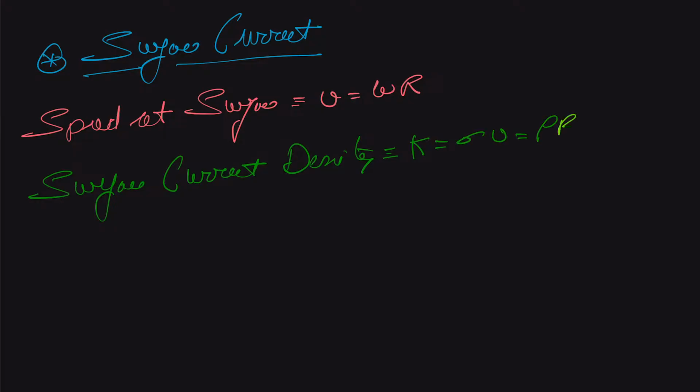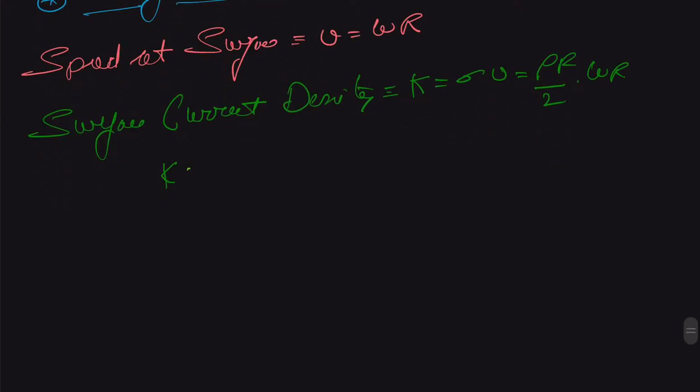So this comes as rho R upon 2 times omega R, so K is equal to rho omega R square upon 2.